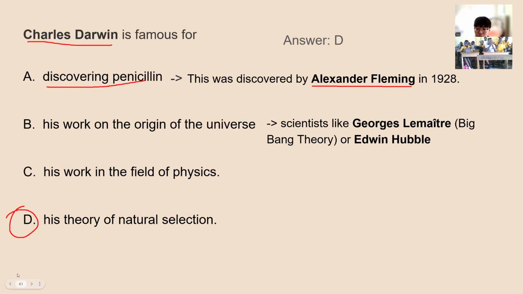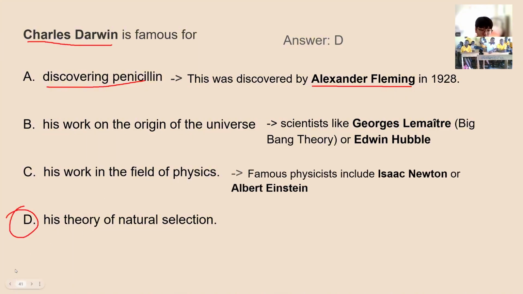The origin of the universe was, again, developed not by Charles Darwin but by other scientists, other physicists, like the Big Bang Theory by Georges Lemaitre. And C, the work in physics, is famous for people like Isaac Newton or Albert Einstein.